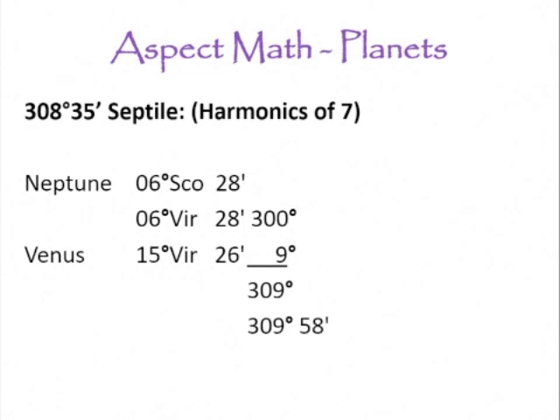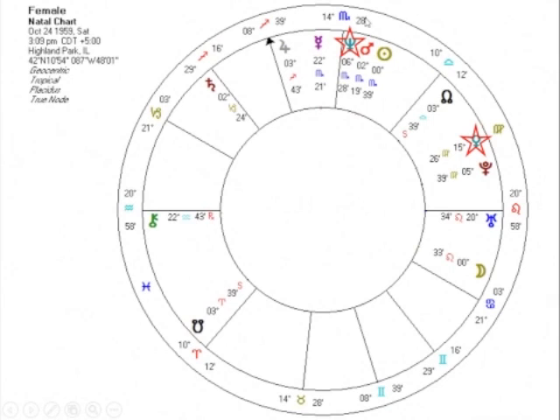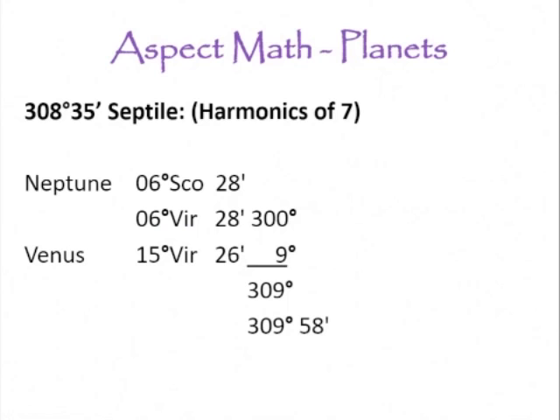And so if we look at this, I'm thinking I have a mistake here on my own. I'm going to come back and look at this. Yes. If Venus was at 15 degrees 28 minutes compared to Neptune's 28 minutes, it would be exactly 309 degrees. And what I think I had to do here was this needs to be an 8.